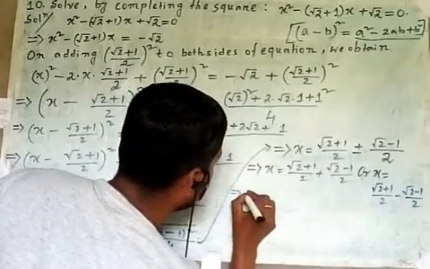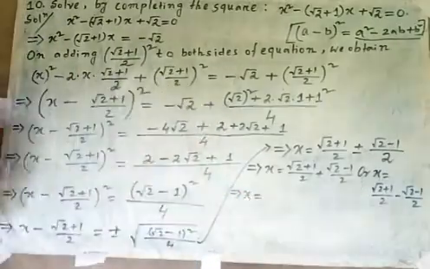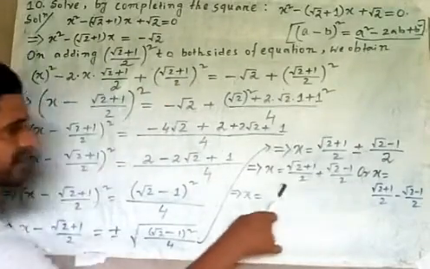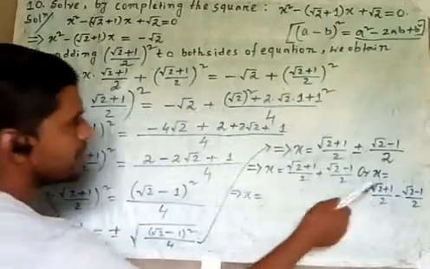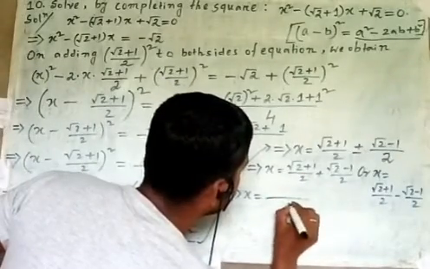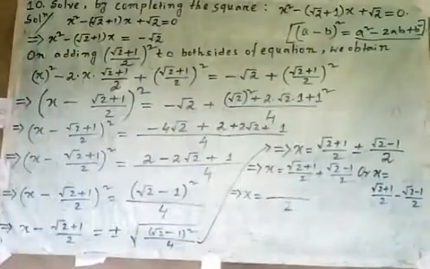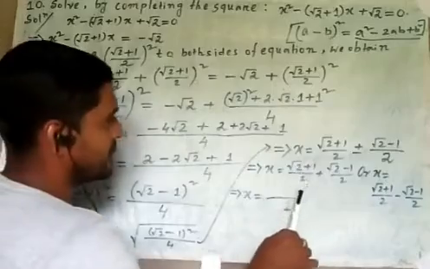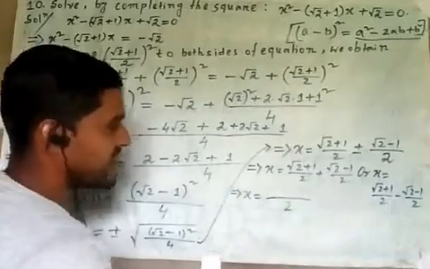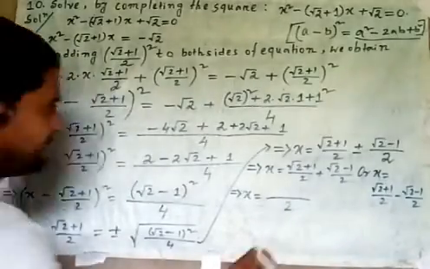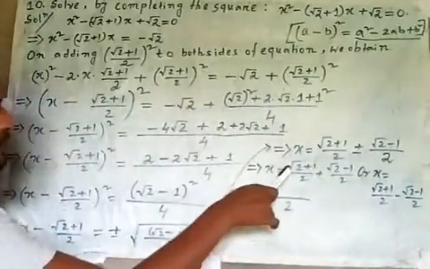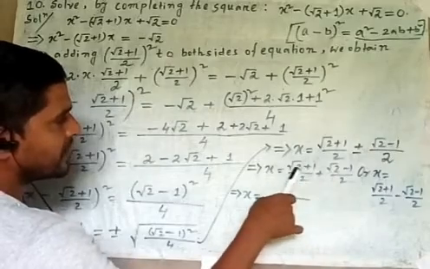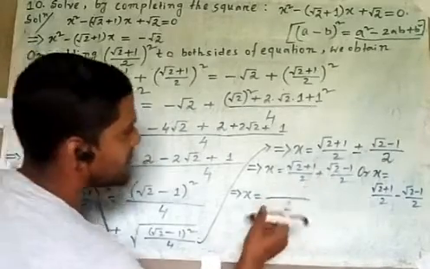This is x equal to, which implies, look, in the first expression, 2 is the denominator, so directly we can write here 2. Since the denominators are same, then directly we can add. So root 2 plus root 2, how much? 2 root 2.